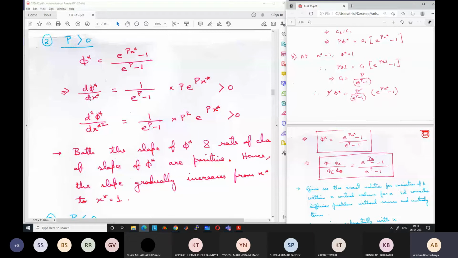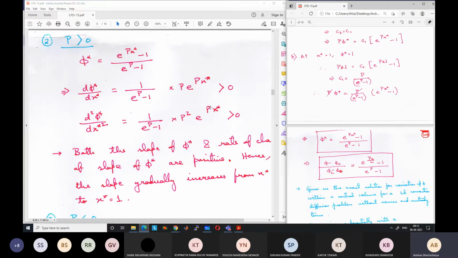Now if you take a second derivative with respect to x star, this term is still there, 1 by e to the power p minus 1, and the second term becomes p square e to the power p x star. Again, e to the power p minus 1 is positive, p square is positive, and e to the power p x star is also positive.